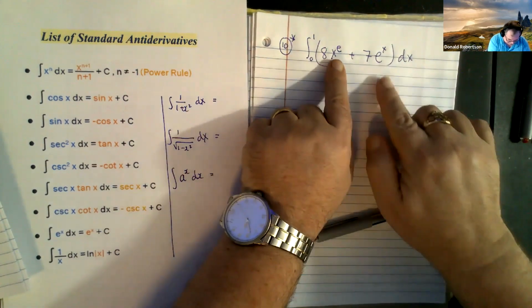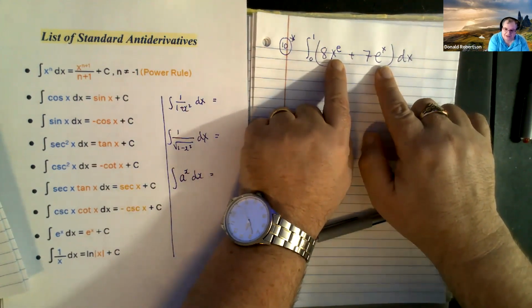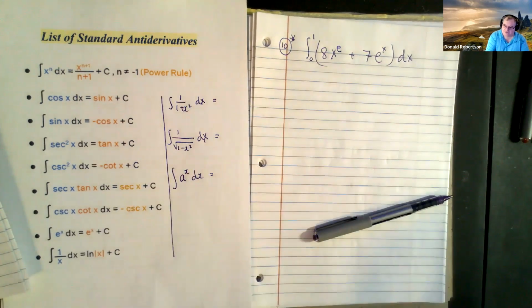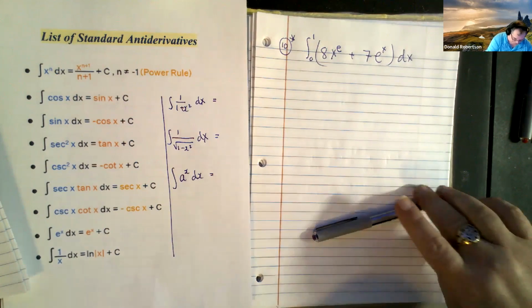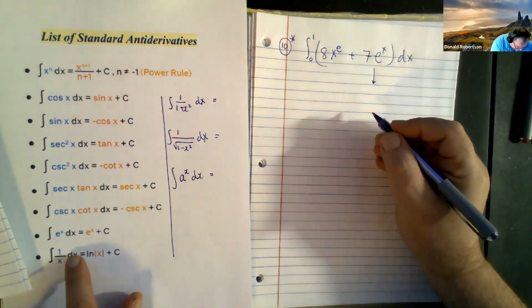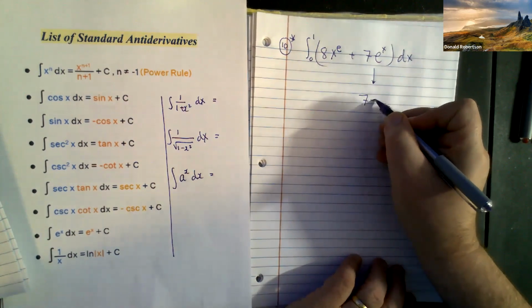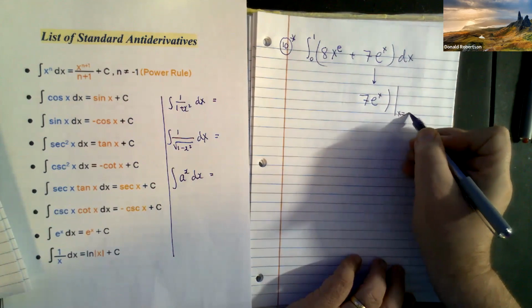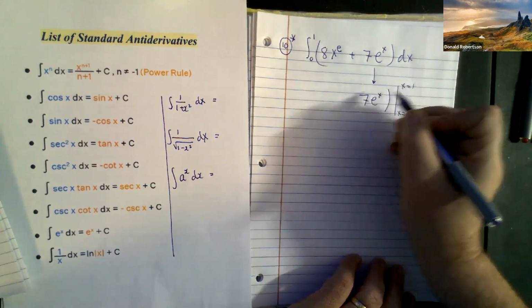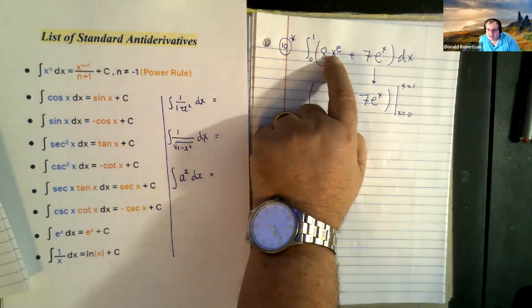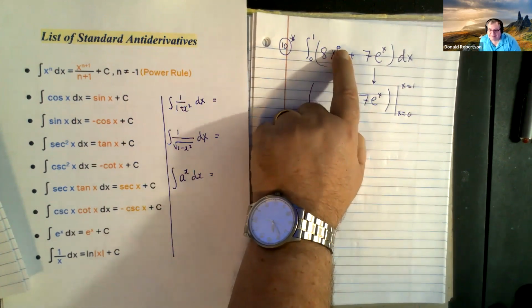Although these two things look very similar, x to the e and e to the x, they are treated quite differently. The antiderivative of 7e to the x is just 7e to the x. Now this one is x to the power of a number. e is a number.